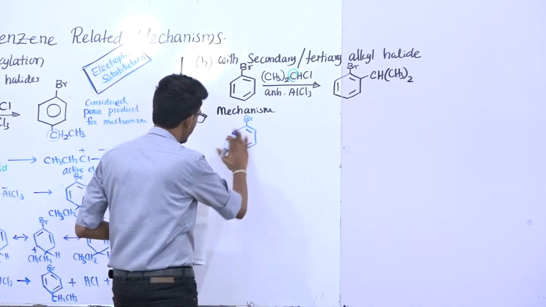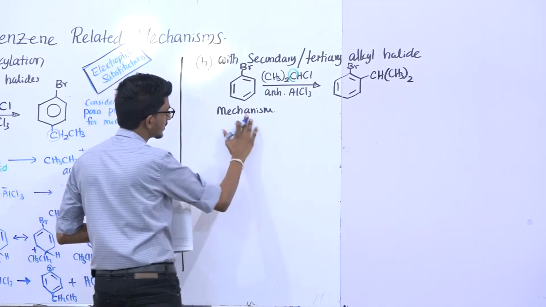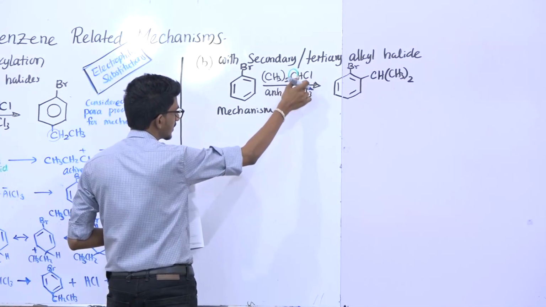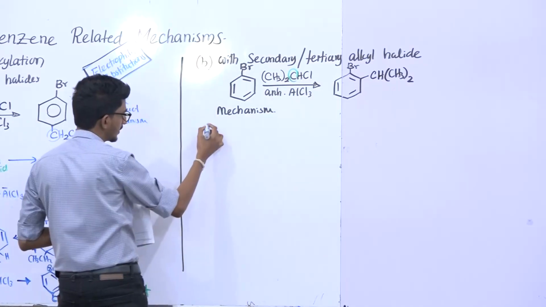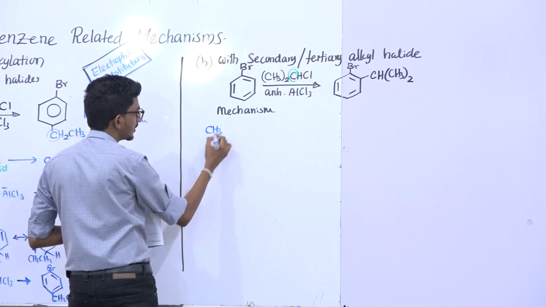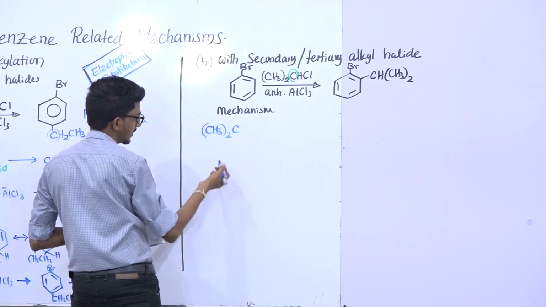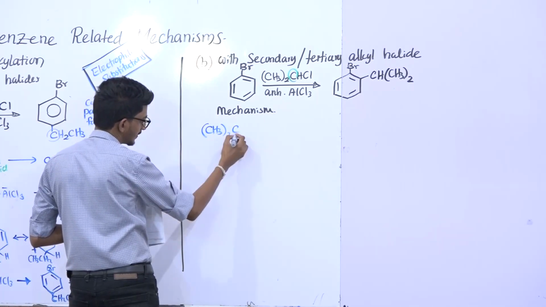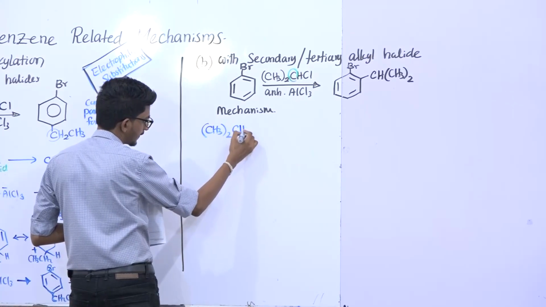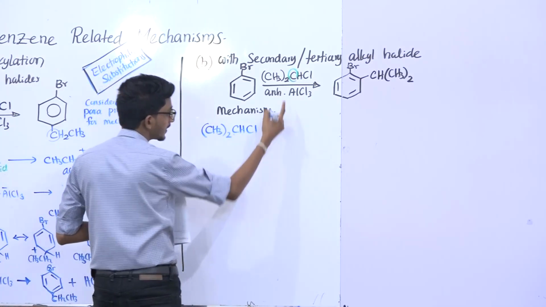Sorry. So first thing is what? The first thing is the reaction of these two, right? To produce the active electrophile. Let's come up with this thing. So you have the CH3 twice, CHCl, reacting with AlCl3.